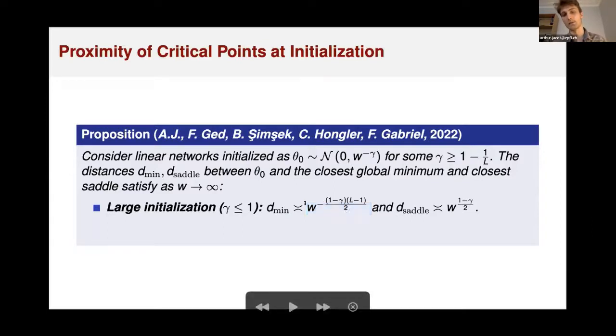And we see that the exponent here is negative. So as the width grows, the distance to the closest global minimum goes to 0, whereas the distance to the closest saddle instead increases as the width grows. So that's clearly a regime where you initialize very close to a global minimum, sorry, but very far from any saddle.